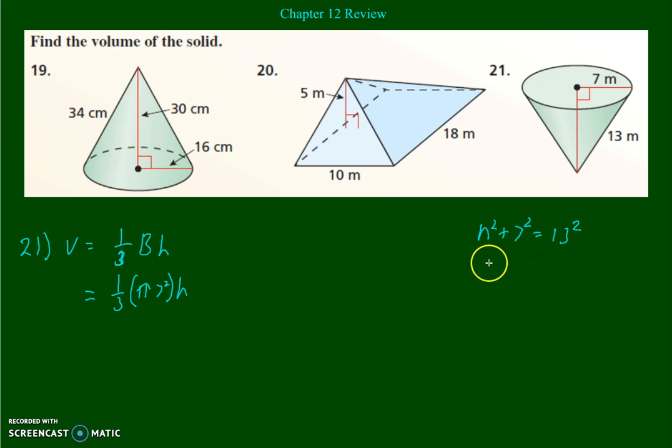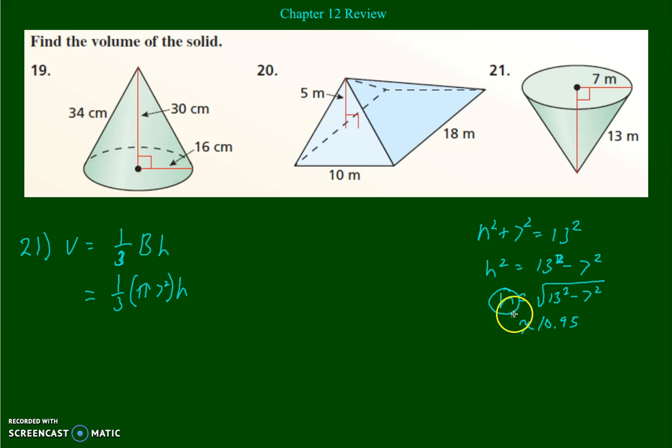We're going to subtract 7 squared, so h squared equals 13 squared minus 7 squared. H equals the square root of 13 squared minus 7 squared. That's going to give us approximately 10.95. Again, we're not going to use this value.